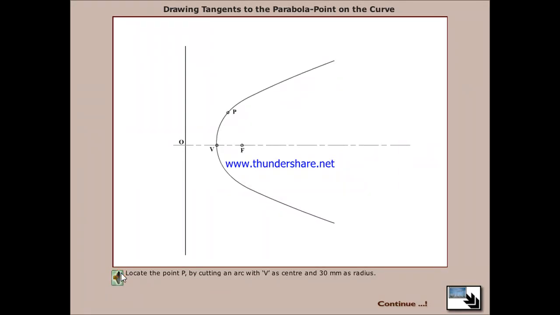Locate the point P by cutting an arc with V as center and 30 millimeters as radius. Join P and F and draw line PM perpendicular to the directrix.